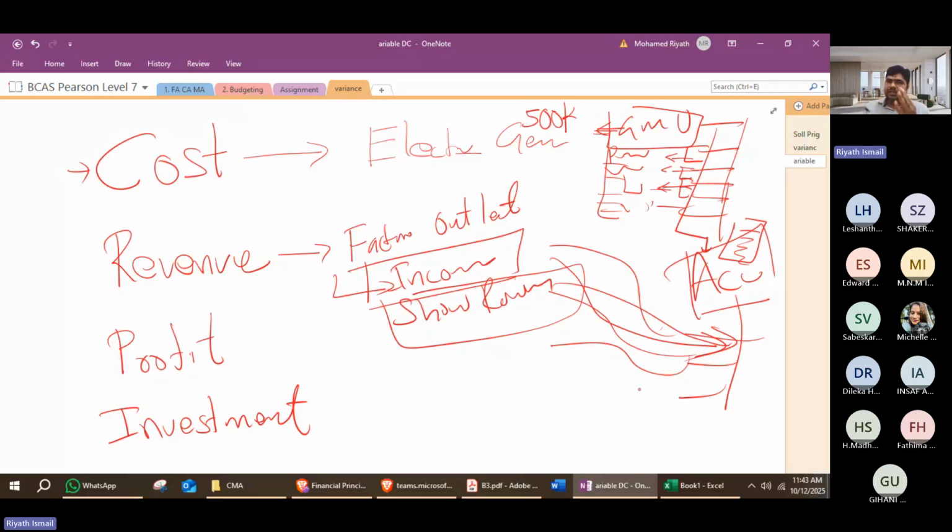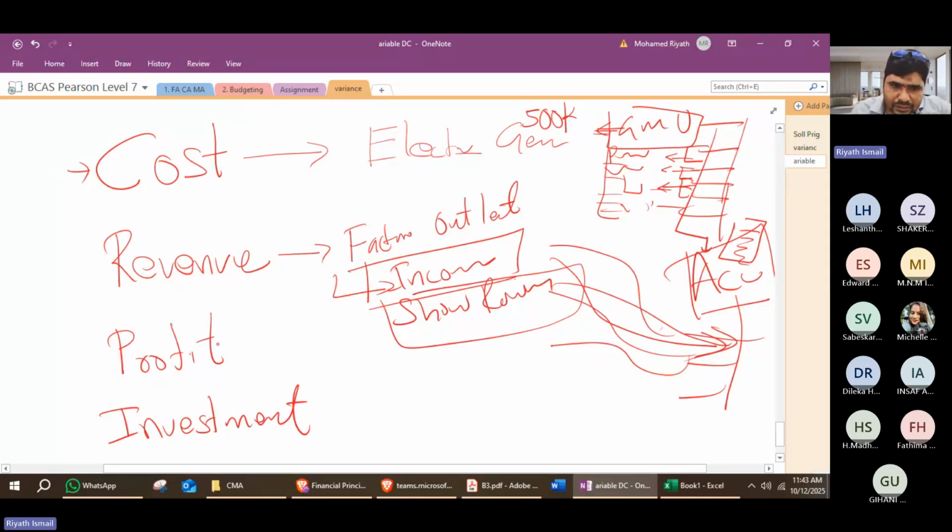It gives revenue. The cost center is responsible for giving cost. Did you get the differences between cost center and revenue center? Is it clear? Okay.